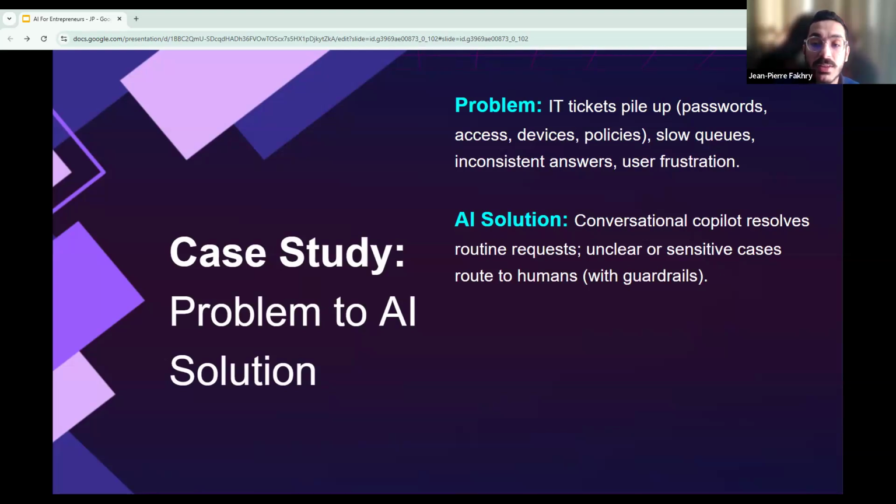It reported around 350,000 employee hours reclaimed from repetitive support work, a 74% reduction in ticket volumes, and roughly 50% fewer live agent chats within 30 days.